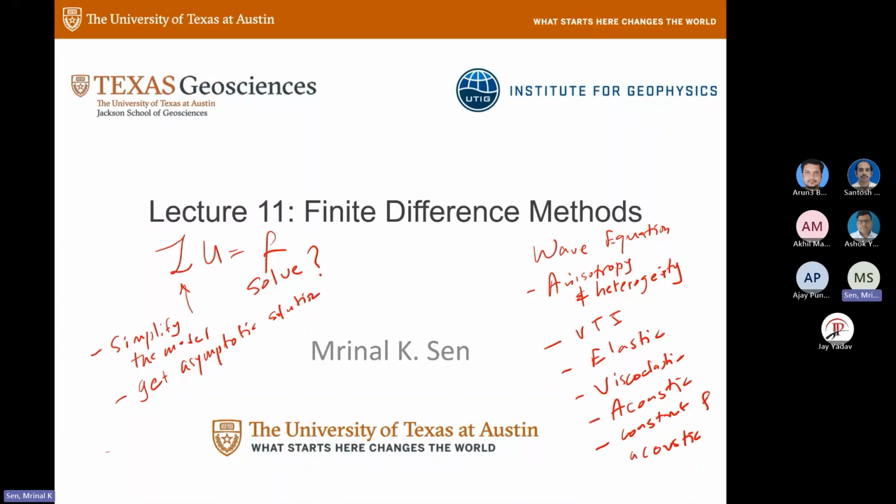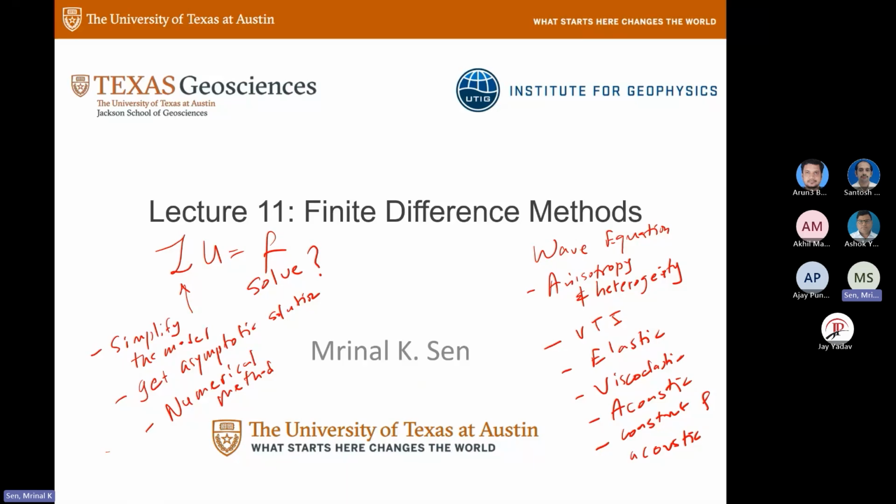And the third option was to use a brute force numerical method, where we can keep the model complexity however we want, but then try to come up with a numerical approach to solving the partial differential equation.